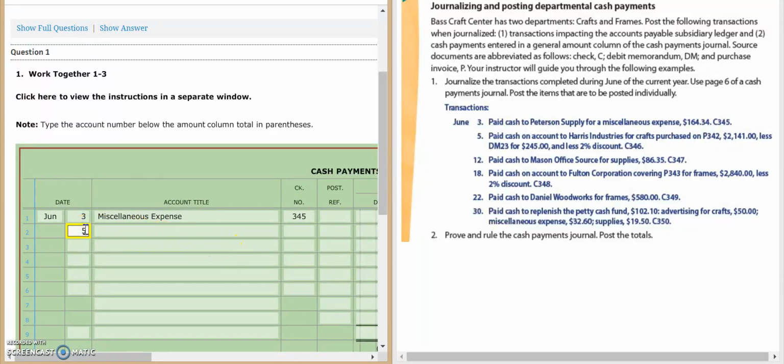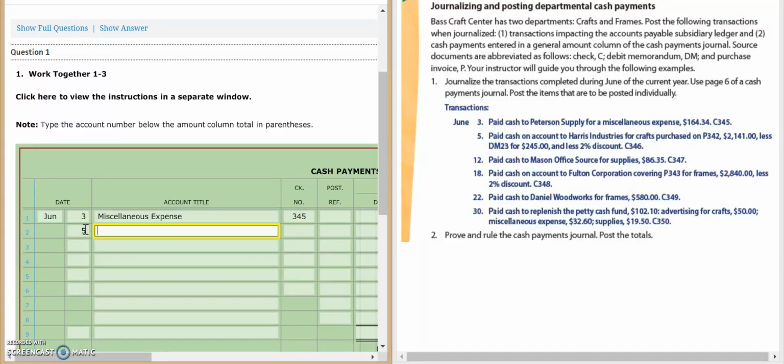And we come down to June 5th, and it says we paid cash on account to Harris Industries for crafts purchased on purchase invoice number 342, $2,141 less a purchase return. Remember, DM is a debit memorandum. That's for purchases returns of 245, and then a 2% cash discount.